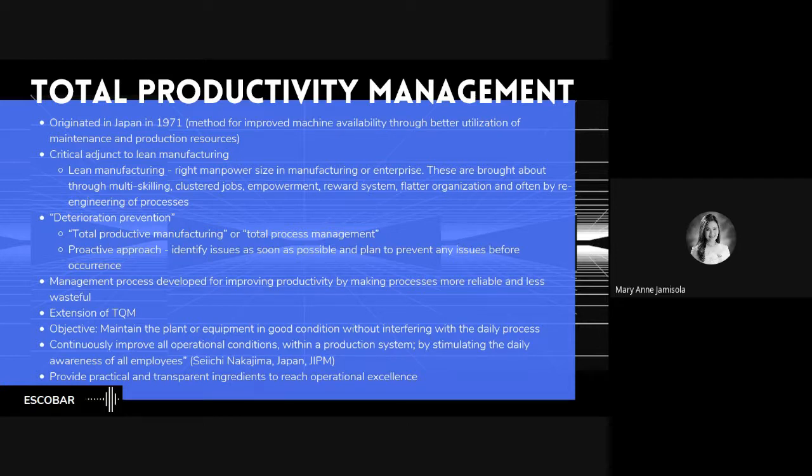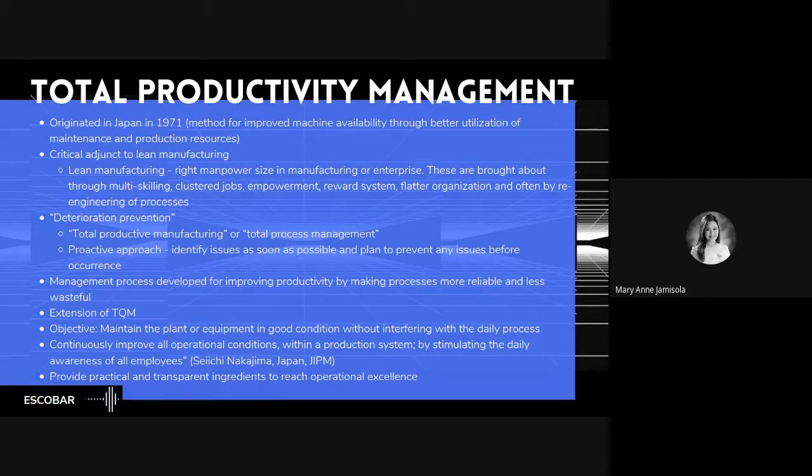To implement TPM, the production unit and maintenance unit should work jointly. The original goal of TPM is to continuously improve all operational conditions within a production system by stimulating the daily awareness of all employees. This is from Nakajima.